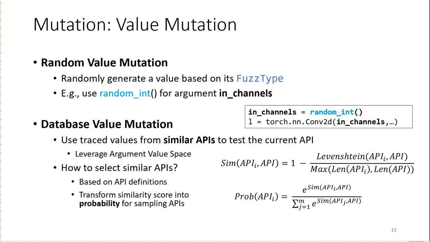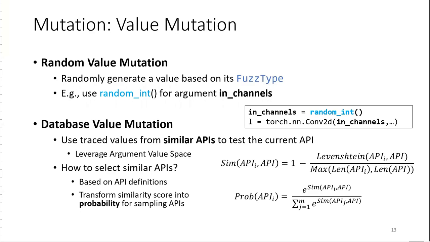In terms of how we determine whether two APIs are similar, we use this formula. It is based on the API definitions, which are text, or in other words, strings. We get the Levenshtein distance between the current API and all other APIs sharing the same argument, normalized by their maximum length. So if the two API definitions are similar, then the distance should be low, so our similarity score should be high.